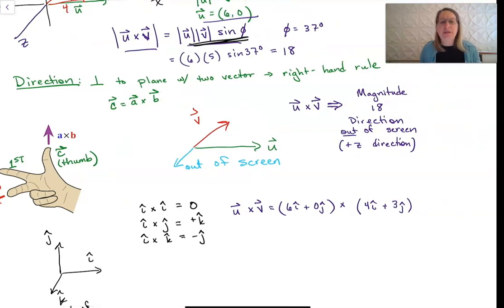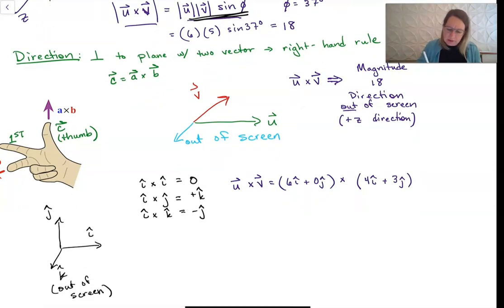And then I can just cross multiply these. If you like, FOIL them out. They could have something in the Z direction as well, in the K hat direction. And so what I can do is I can say this cross this. If I multiply those two, that's 24 I cross I. Well, I cross I is 0 because those are in the same direction.